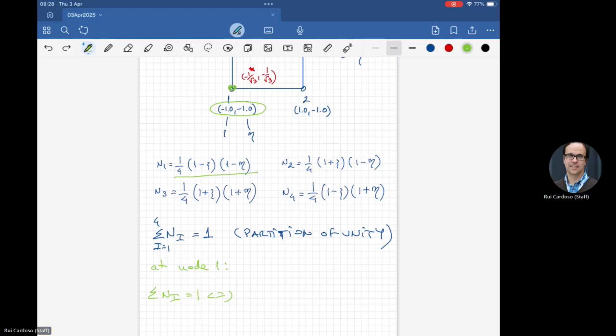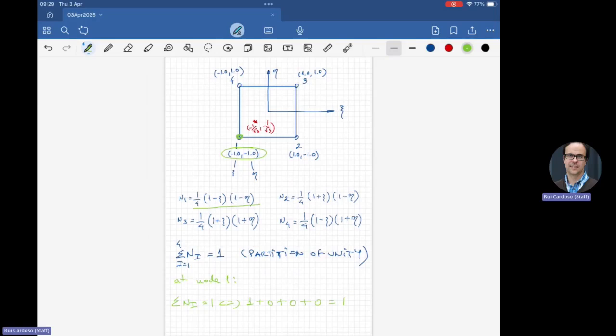And n2, if I replace c by -1, I will have 0, so 0 times anything is 0. And n3, same thing, if I replace c by -1, I have 1 minus 1 is 0. And n4, if I replace eta by -1, I get 0, right? So the result of this summation is 1, right?